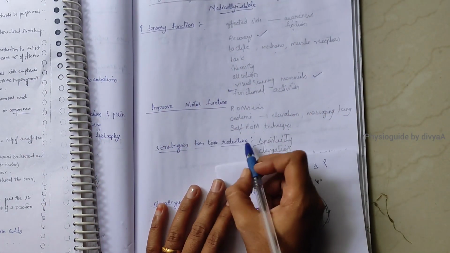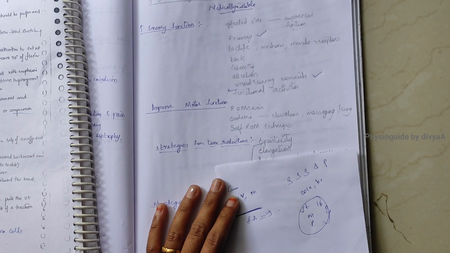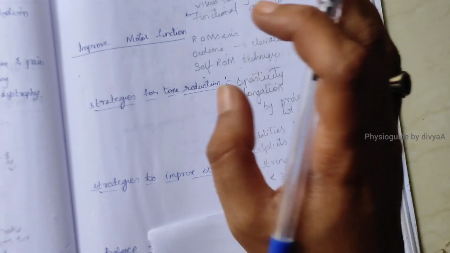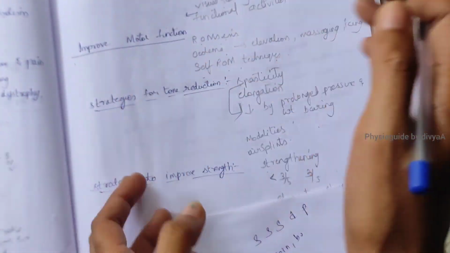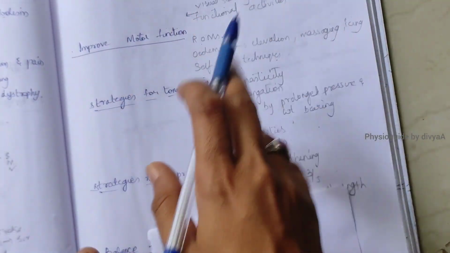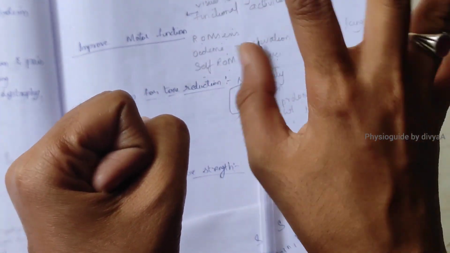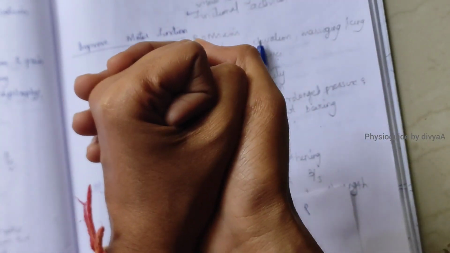Next is self ROM techniques. Self ROMs mean we must ask the patient to do the exercise by themselves. If this is the affected limb, this is the unaffected. The affected extremity is supported and lifted with the help of the unaffected extremity.